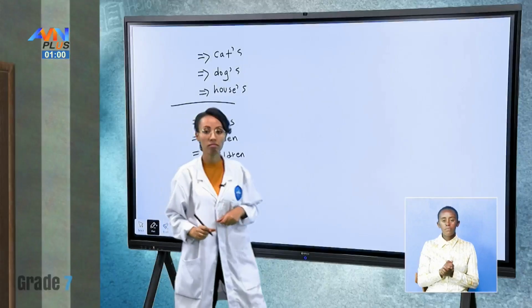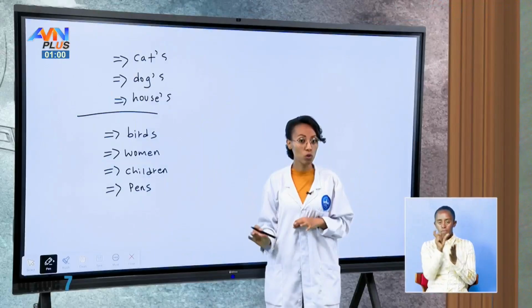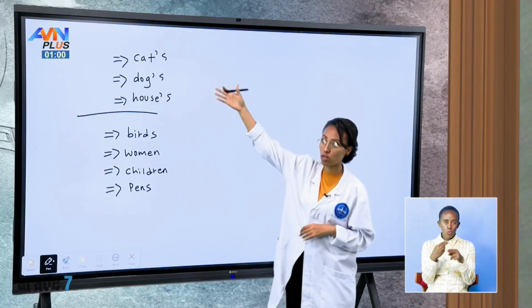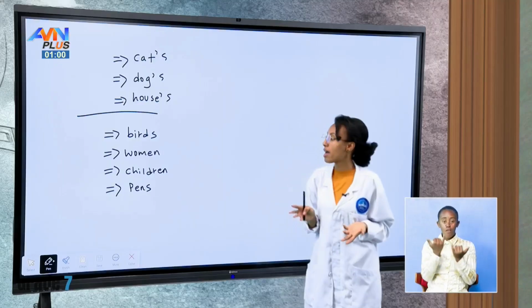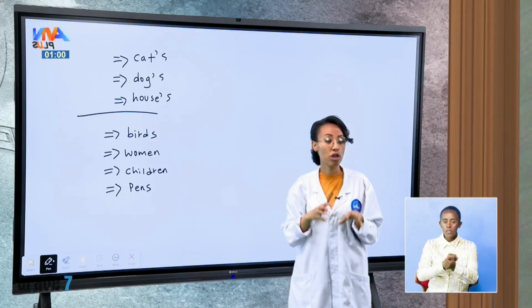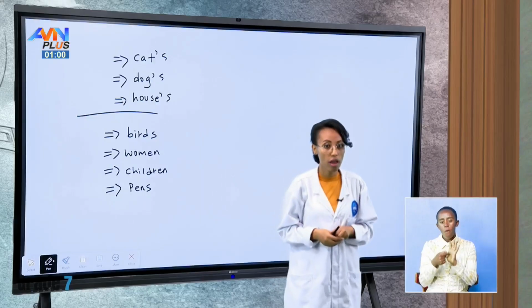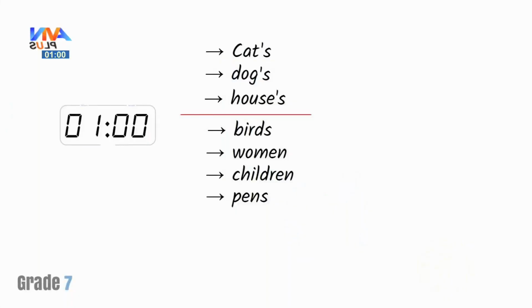Okay. So these are all what? Plural nouns. The above ones were singular nouns, but these ones are plurals. And I want you to make them or to change them into their possessive form. And I will give you again a few seconds to finish this and we'll do it together.